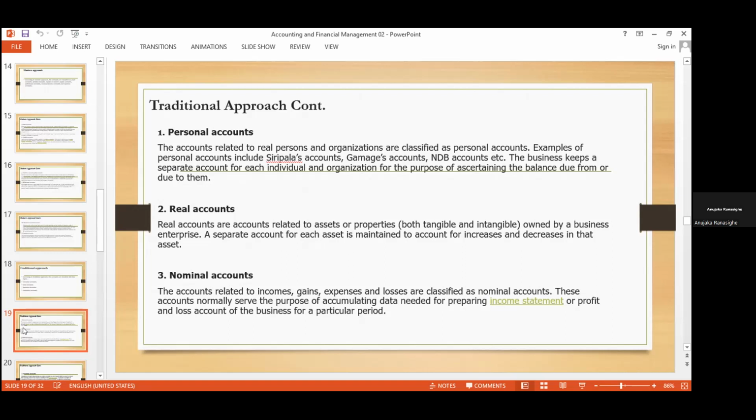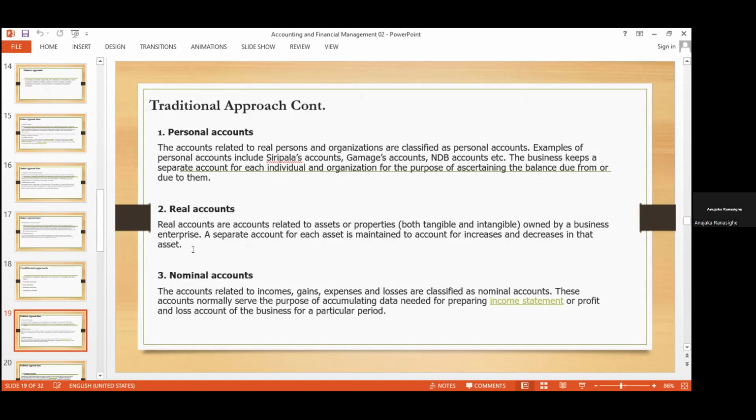They call these personal accounts under the traditional approach.